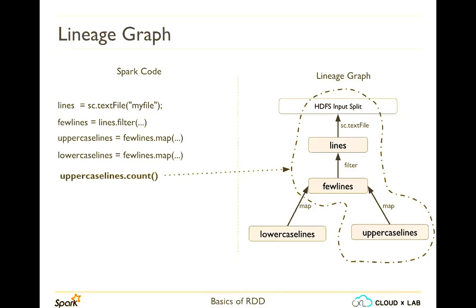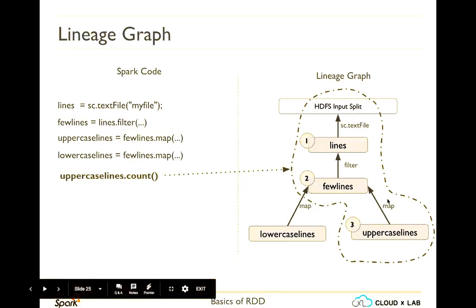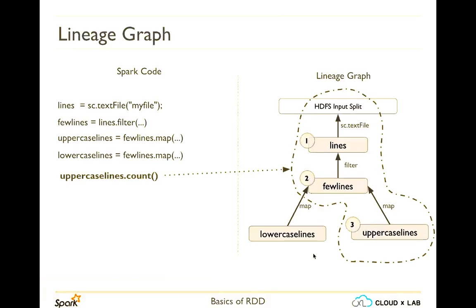And when we say uppercase lines dot count, it would basically execute the whole graph and call the count. So the moment we call this, it will execute step 1, 2, and then this one.